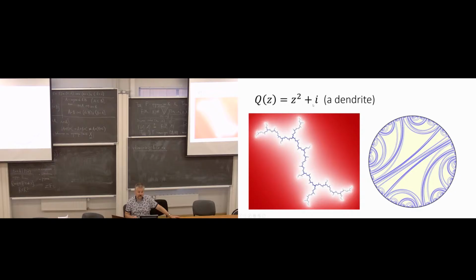And 0 is mapped to i, i is mapped to minus 1 plus i, and minus 1 plus i is mapped to where? It's mapped to minus i, and minus i is mapped again to minus 1 plus i. So the critical point 0 eventually lands, actually immediately lands, in the 2-cycle, right? The 2-cycle consists of minus i and minus 1 plus i.